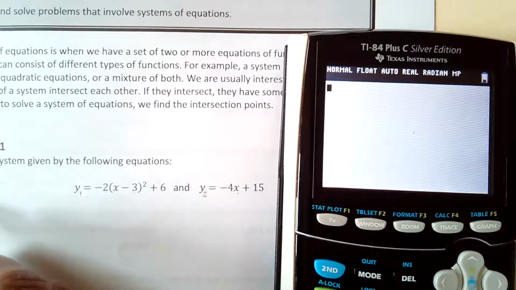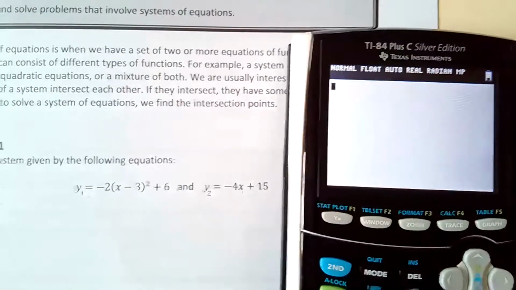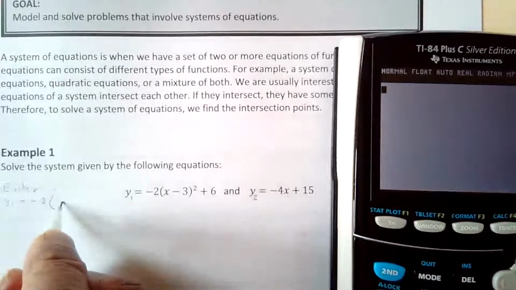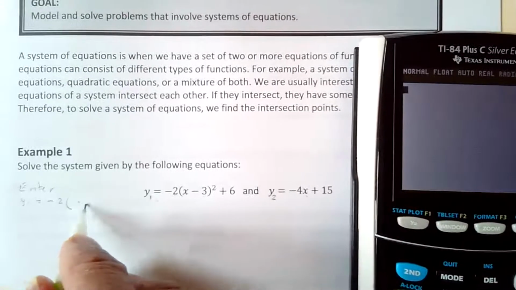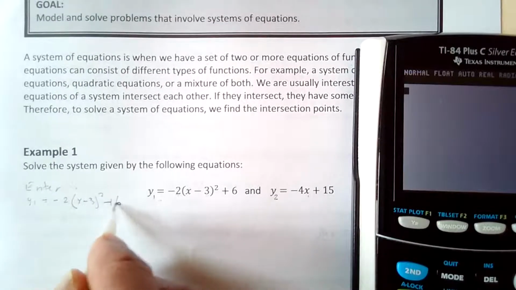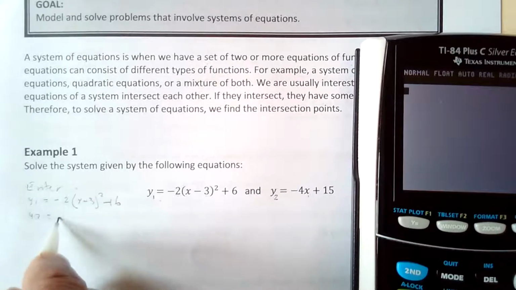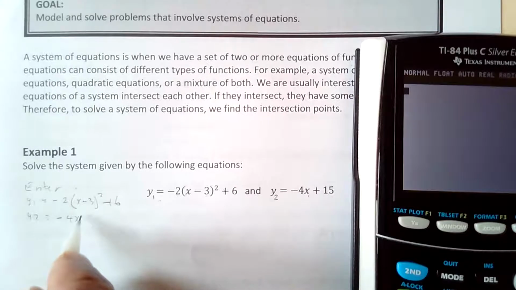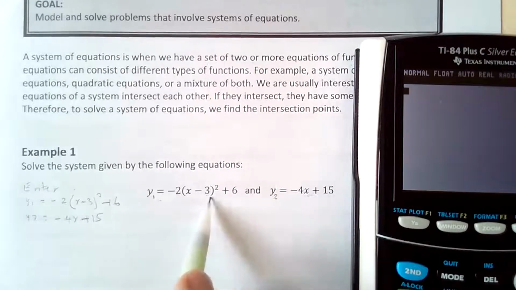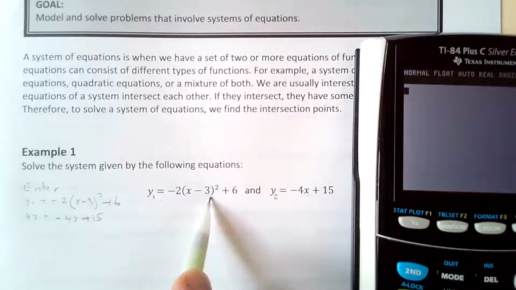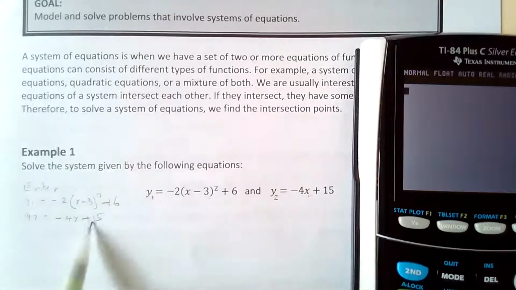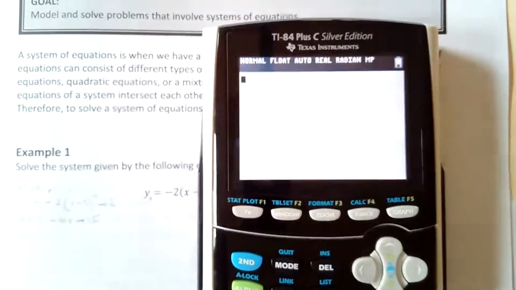So y1 is equal to -2(x minus 3) squared plus 6, and y2 will be equal to minus 4x plus 15. Notice this is a linear or straight line, and this is a quadratic. Once we enter them, we will find out where they meet. So let's go ahead and find those.